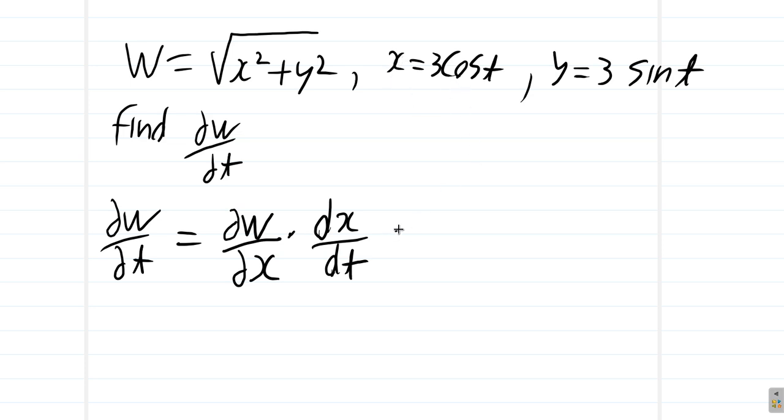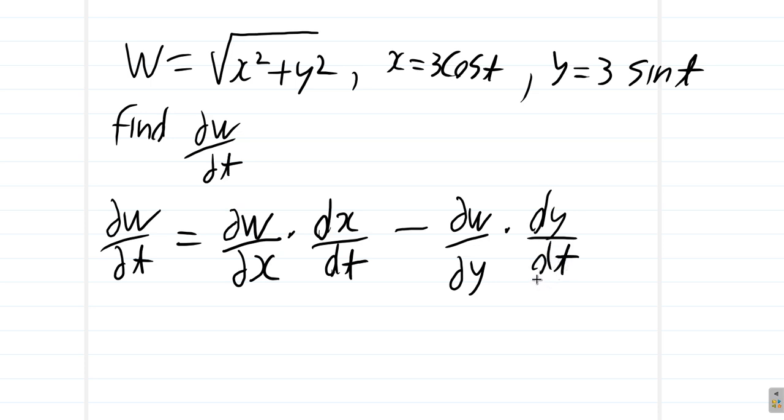Okay? Now notice delta would cancel, the derivatives here would cancel, leaving delta w by dt. Alright, so here now we have the partial of w with respect to y times, well, it should be dy by dt.